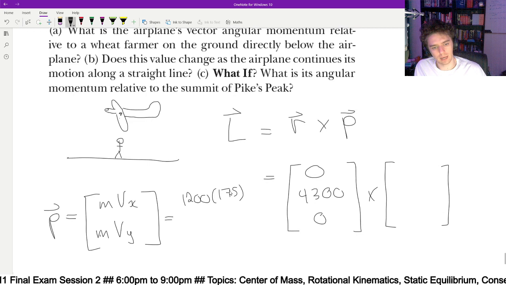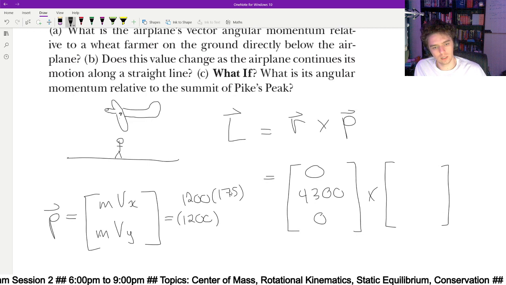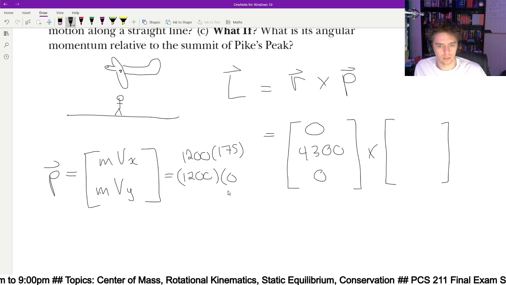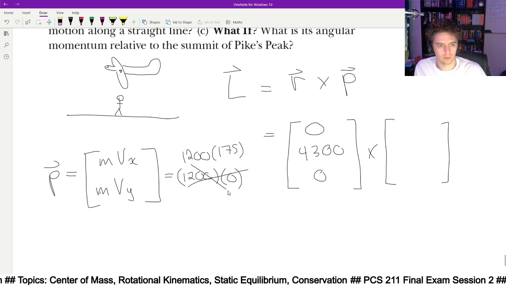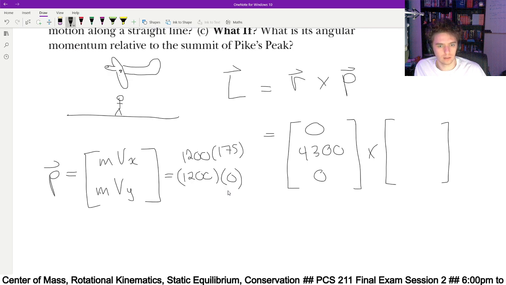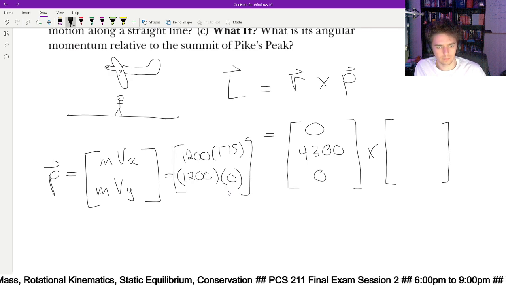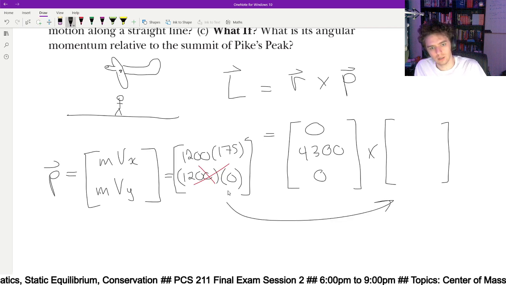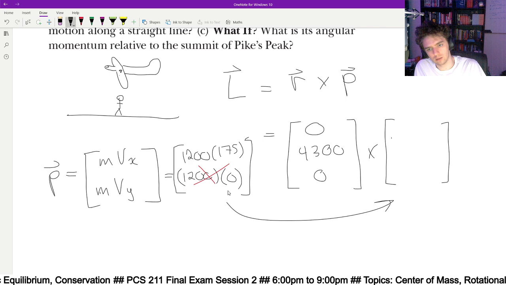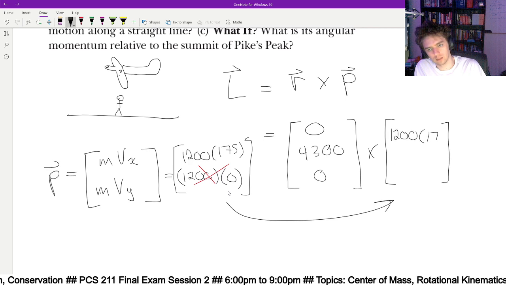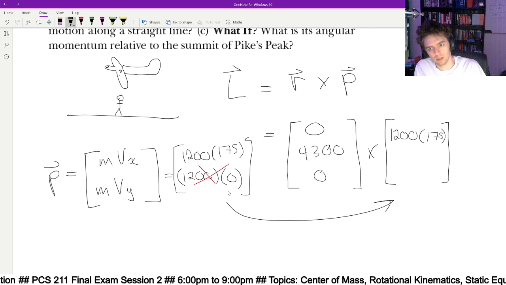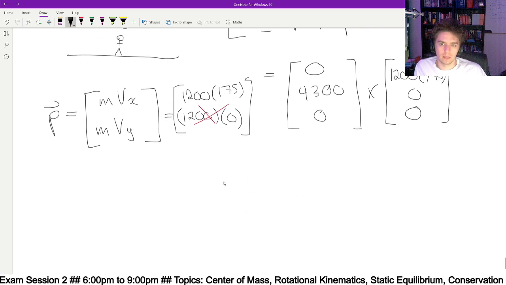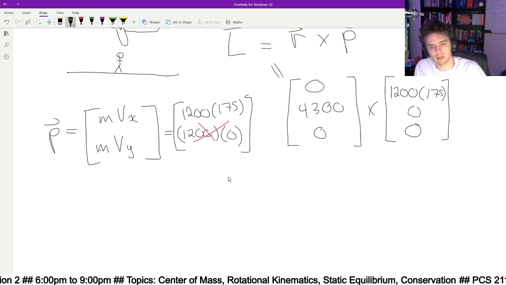And then the mass times the velocity in the y direction: it says it has a constant altitude, so that's 0. So that's equal to 1,200 times 175, 0. And again, you have to be defined in R3 to do a cross product.